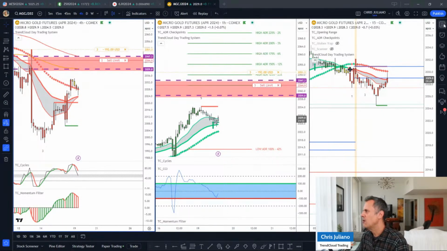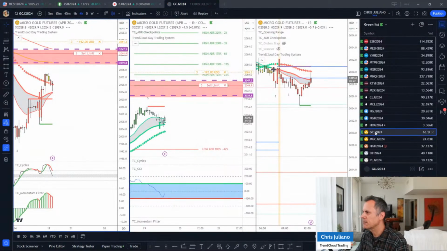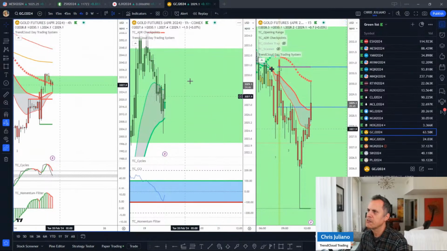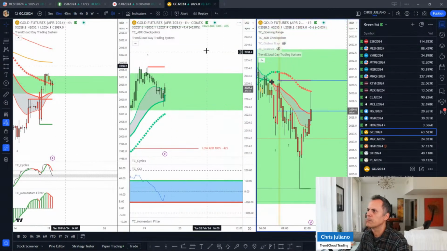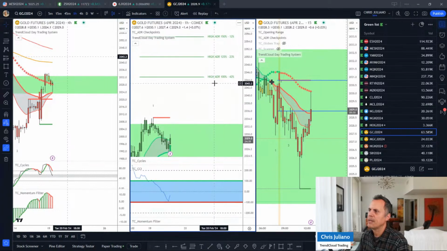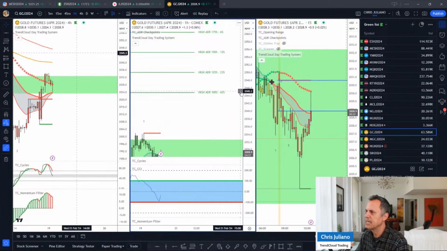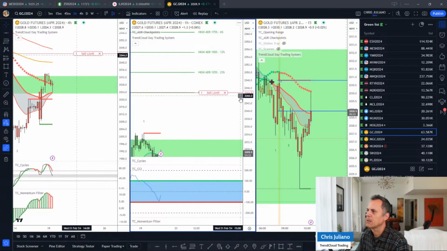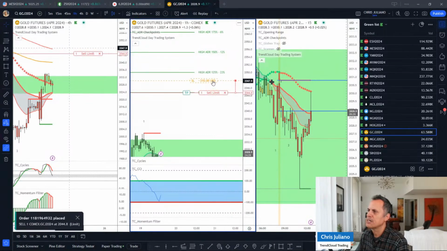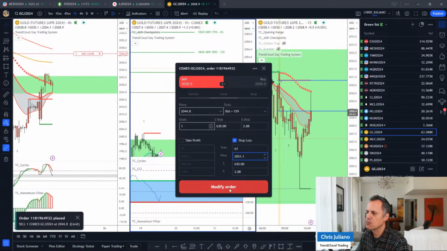What would that cost on the full contract of gold? Let's take a look at the full contract of gold. And take a look here. If we get in right here, we'll say sell one. It's going to be rather expensive, right? Stop loss, that's more like a $630 risk, right?